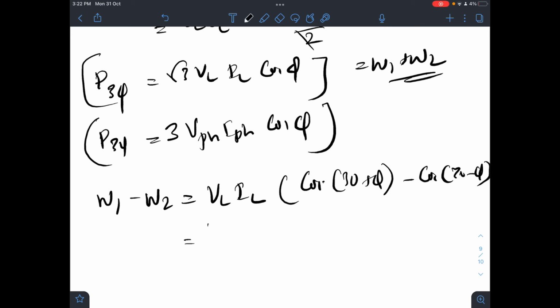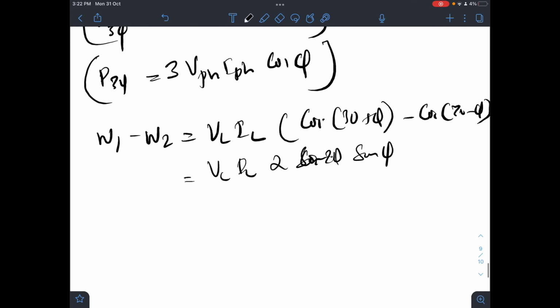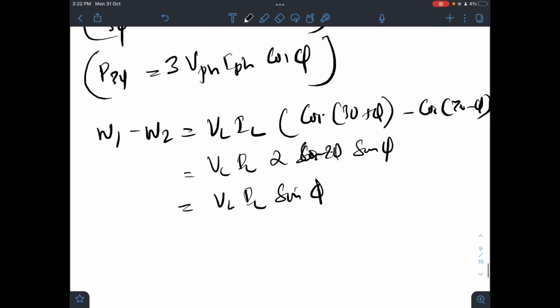So this is going to be equal to VL IL sine 5.